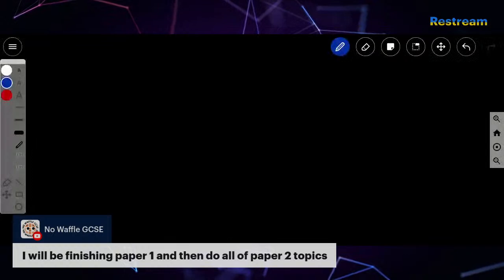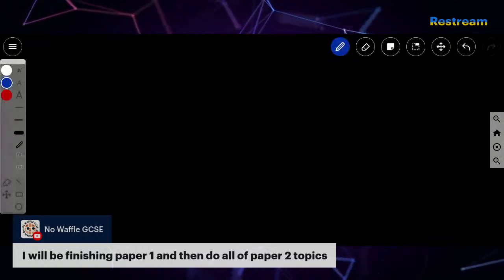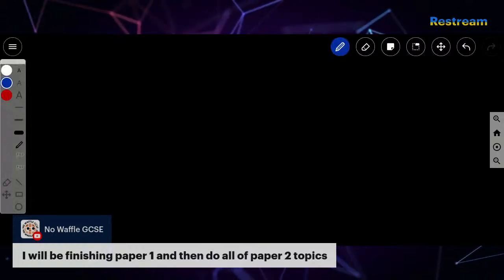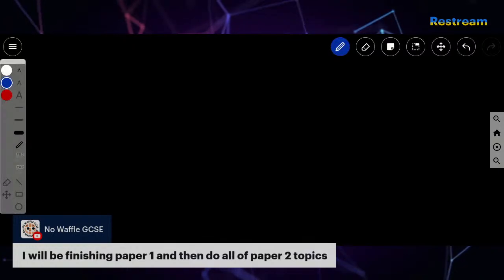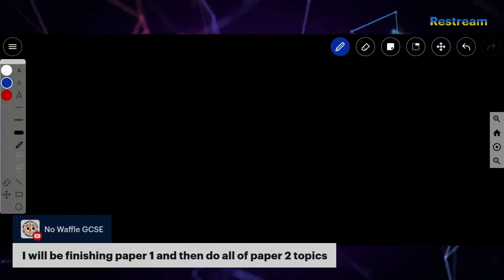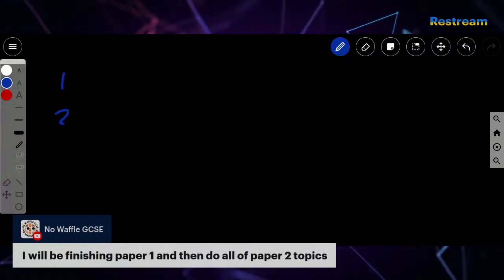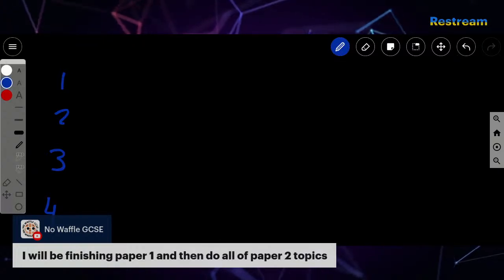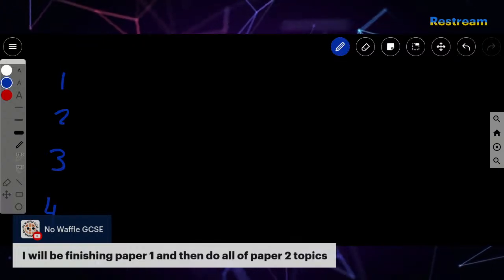Okay, perfect. So hopefully you can hear me. Now just going back to uneven development. So physical factors can affect how developed a country is. Now there are 4 physical factors that affect the development of a country: a poor climate, poor farming land, few raw materials, and lots of natural disasters.